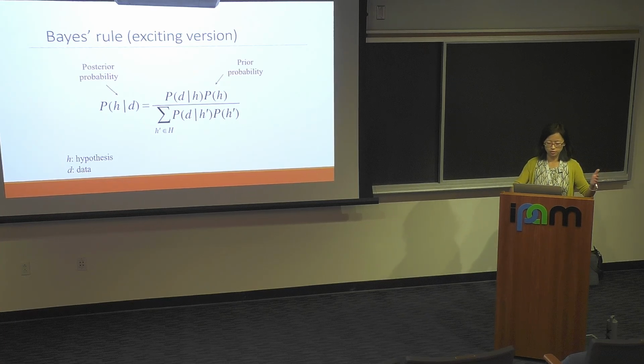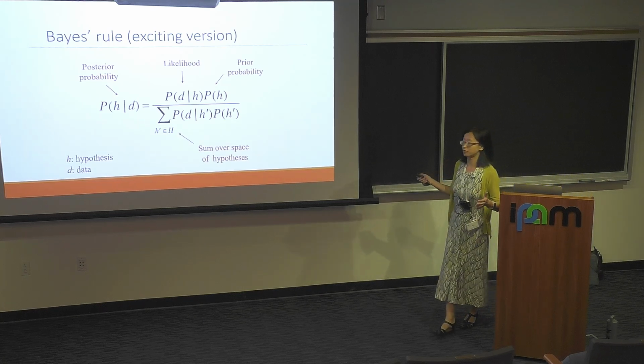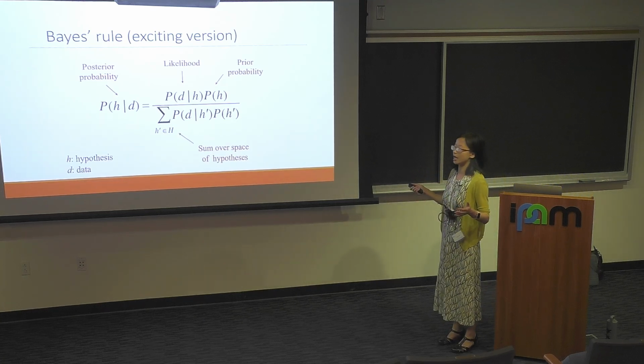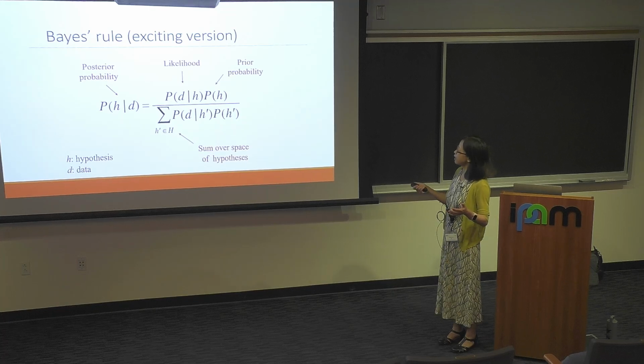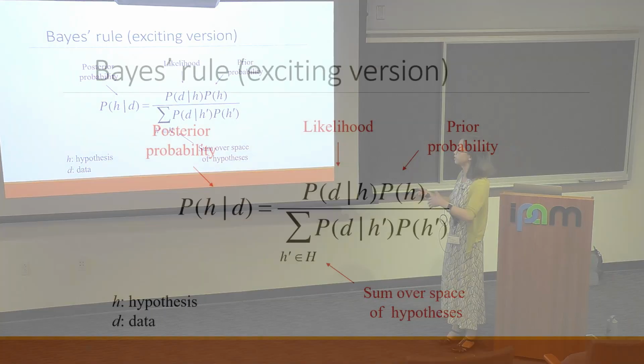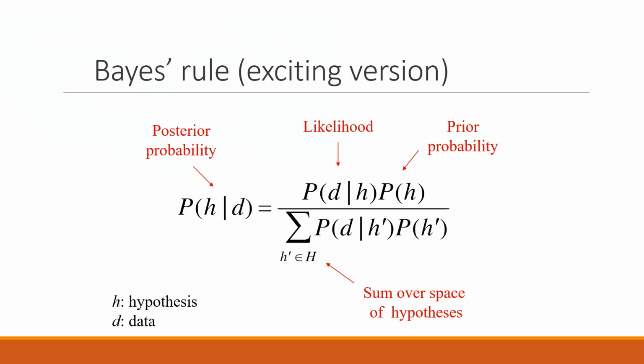I will quickly remind everyone of the terms we learned in Stats 101: we have the prior probability distribution, we have a likelihood to capture your knowledge of how the data can be generated, and then we combine them together to update our belief.